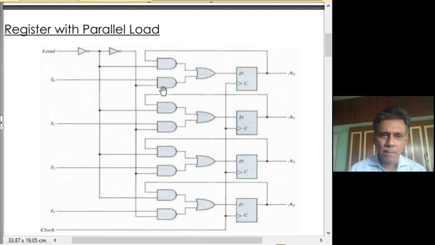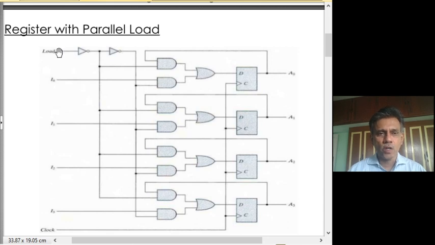The bottom AND gates enable I0, I1, I2, I3 to propagate and be present at the D input. Note that only one of these AND gates will be enabled at any given time, because we have a NOT gate between these two signals. So only one of them will be 1, the other will be 0.